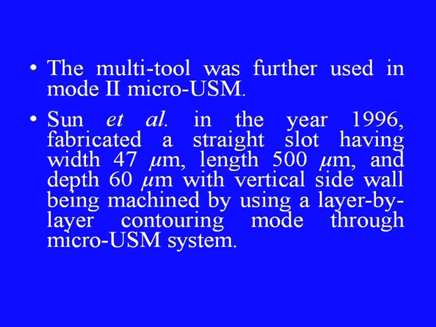Sun et al. in the year 1996 fabricated a straight slot having a width of only 47 micrometer and length of 500 micrometer with a depth of 60 micrometer with vertical side wall, machined by using a layer by layer contouring mode through a micro USM system.